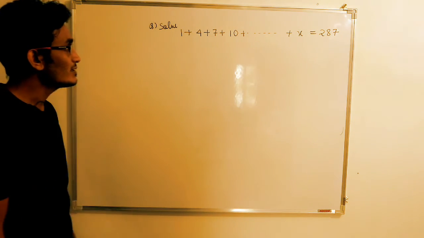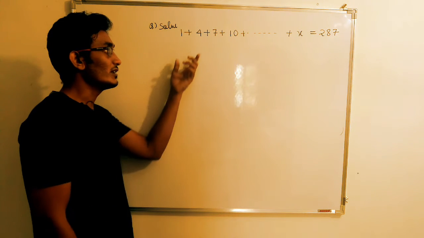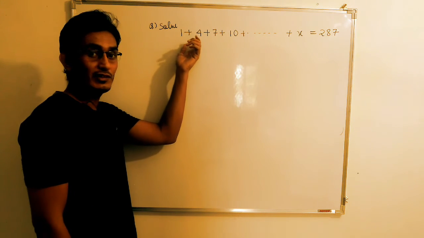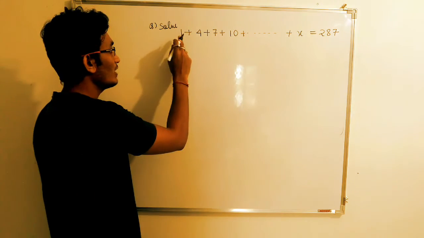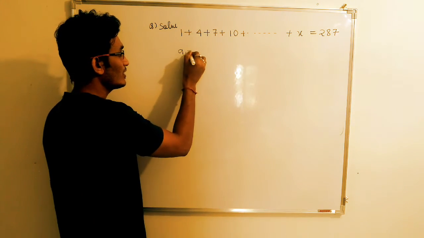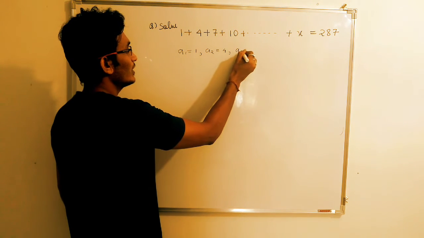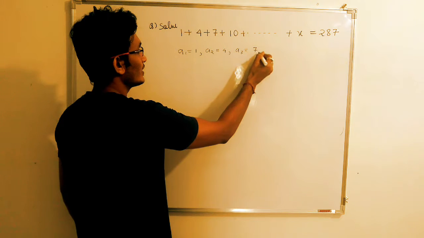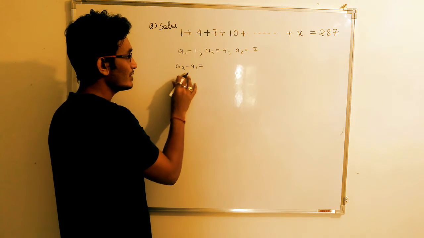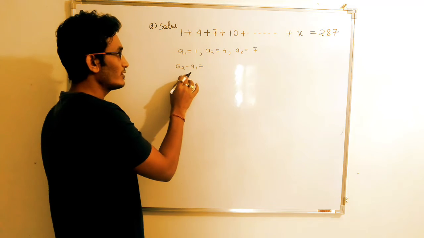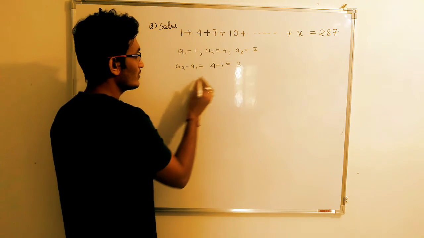In this given question, first of all we need to find out whether the given numbers are in AP or not. Here A1, the first term, equals 1, A2 equals 4, A3 equals 7. A2 minus A1 is the common difference: 4 minus 1 equals 3.